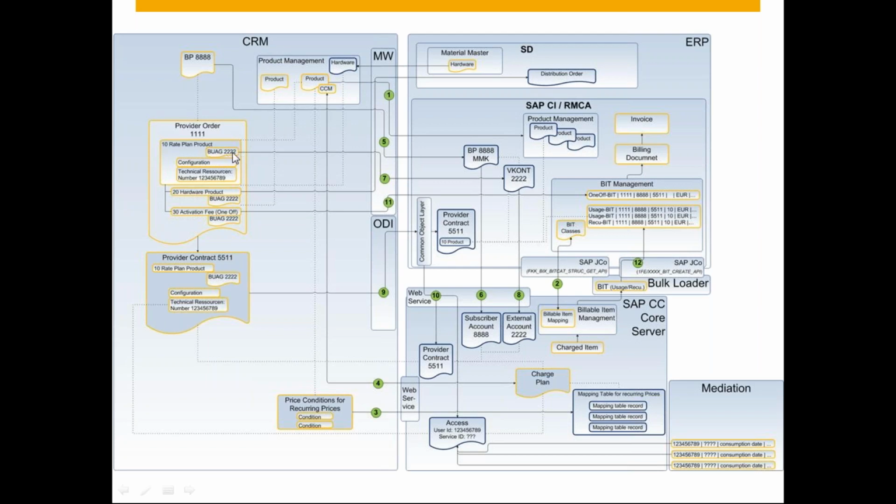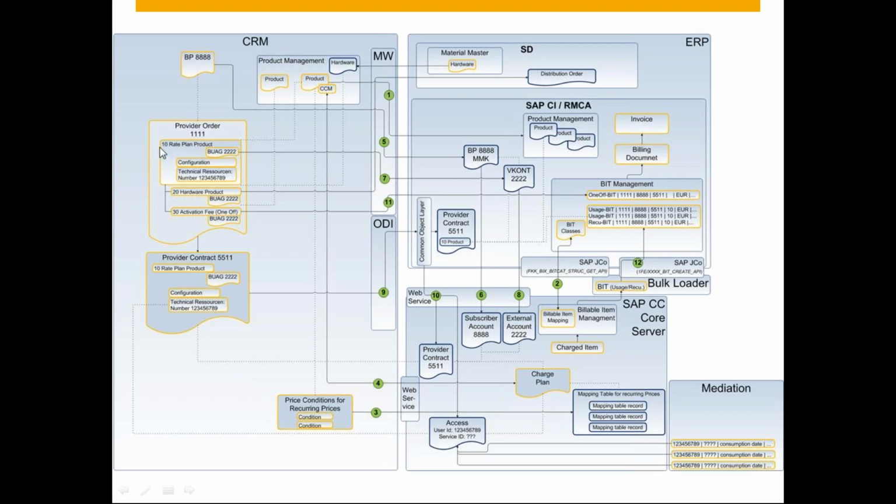For the business agreement BUAG 2222, we have the 2222 contract account. SKTR is the table for contract account, so instead of writing contract account here, we have given the name SKTR. So for the business agreement, a contract account is there in the ECC system, and the order is placed with respect to the business agreement.